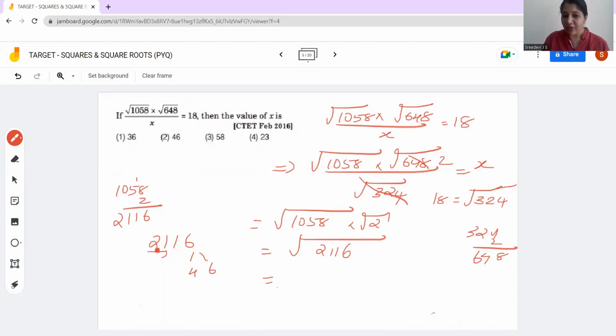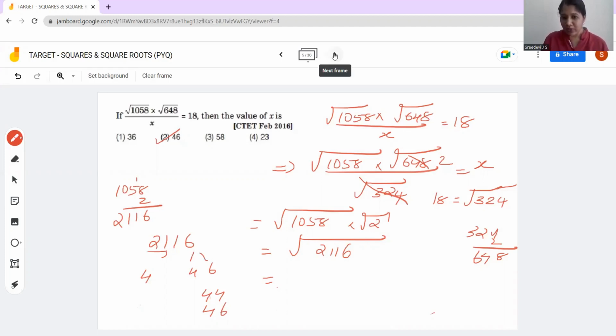We know that 4 4s are 16, 5 5s are 25. So it will be 4. Actually, either 44 or 46 will be our answer. In the options, 46 is only there, so we choose 46 as the answer. Or you can check it using the digital root method, which I mentioned in the video of squares and square roots.